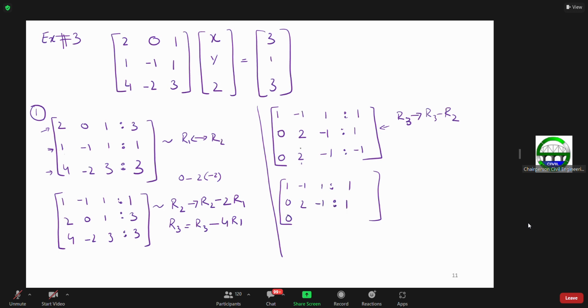This is R3 minus R2: 0 minus 0, 0, 2 minus 2 is 0, minus 1 minus minus 1 will be equals to 0. Oh, 0. And then this one, what will it be?